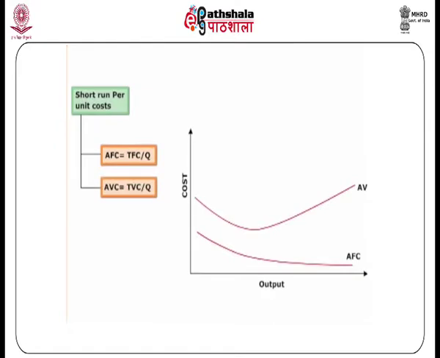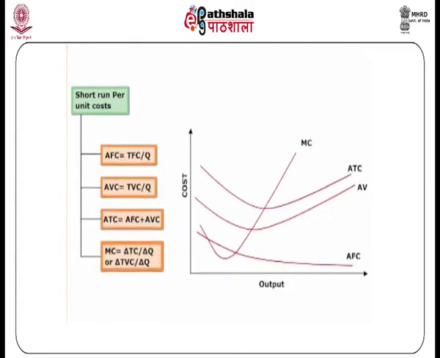Average variable cost refers to the per unit cost of the variable factors of production. Average total cost is the sum of average fixed costs and average variable costs, and marginal cost is the addition to the total cost as a result of a unit increase in the output.